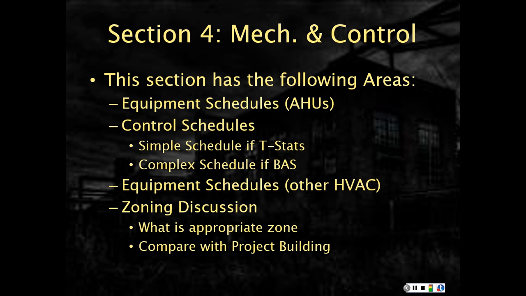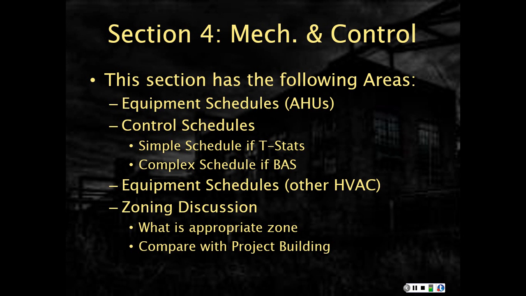Now, the section has the following areas. The first one, we try to describe what's there. So we put in equipment schedules, not unlike what you would find in a blueprint. Not as detailed, but similar in fashion.